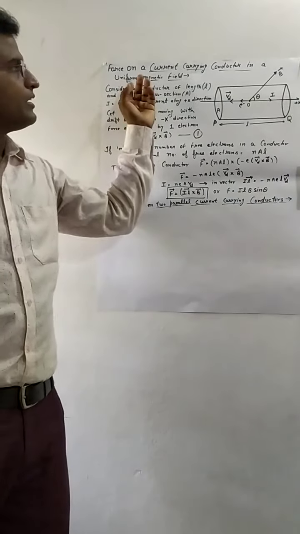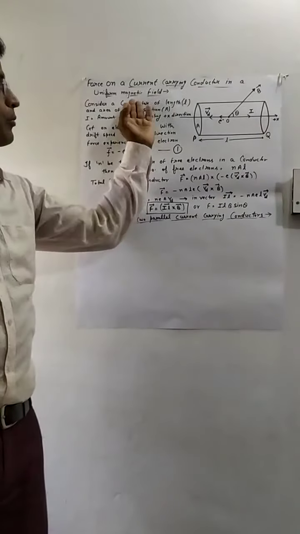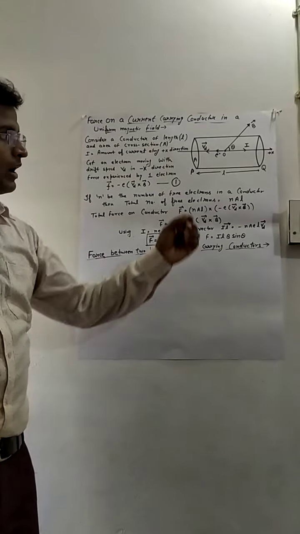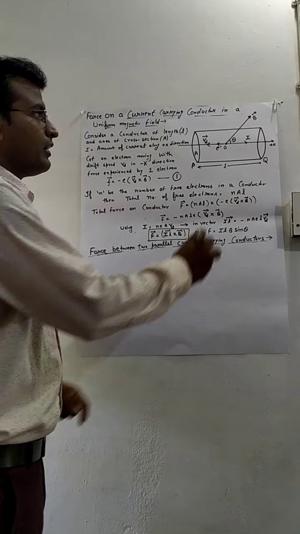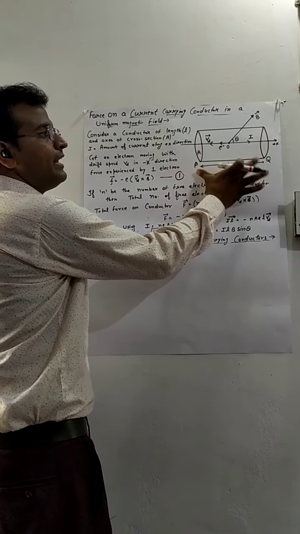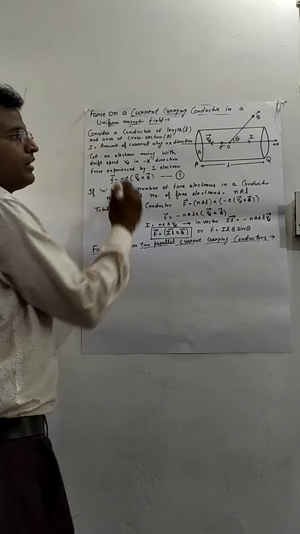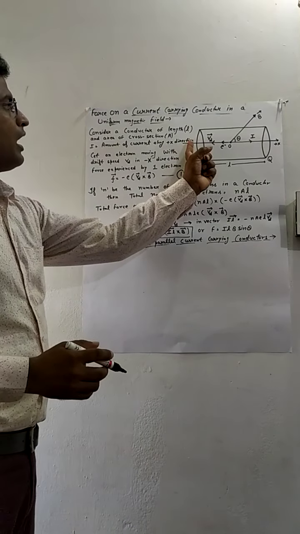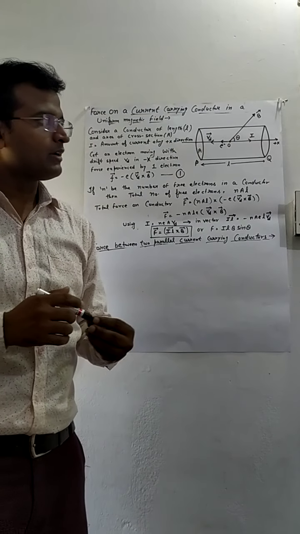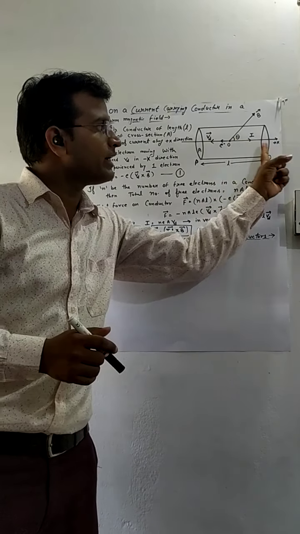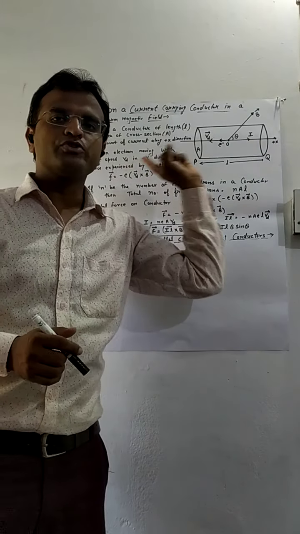Next topic: force on a current carrying conductor in a uniform magnetic field. Now, a conductor. L be the length, A be the area of cross section, I be the amount of current flowing through it, and the direction of current is along the positive x-axis.